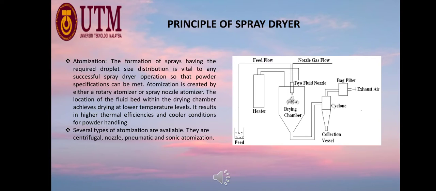Usually, the second fluid is compressed air, and neither the liquid nor the air requires very high pressure, with about 200 kilopascals to 350 kilopascals being the main advantage of this form of atomization.